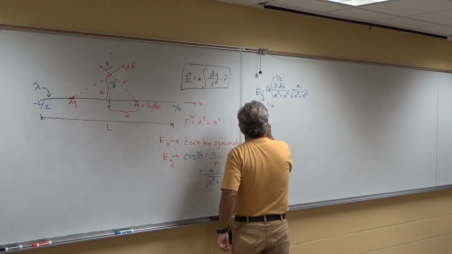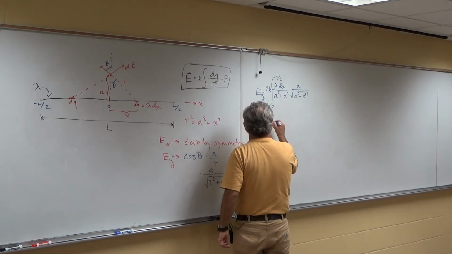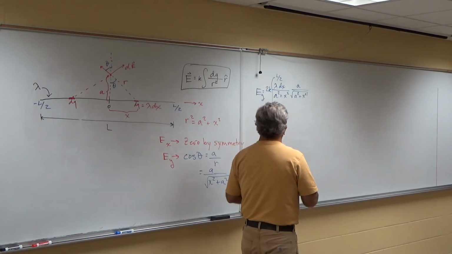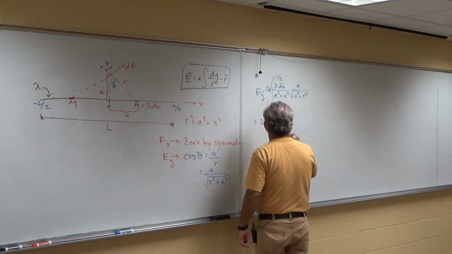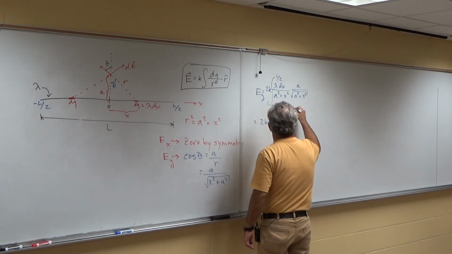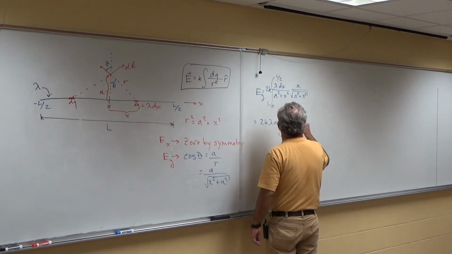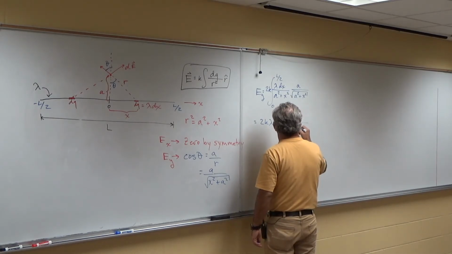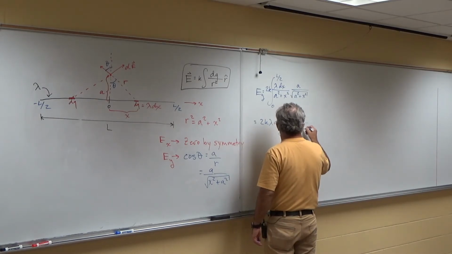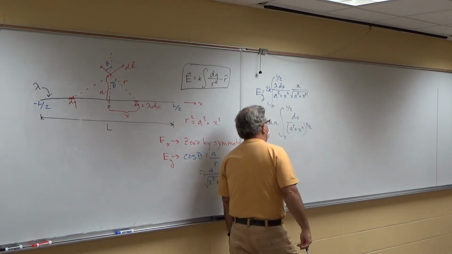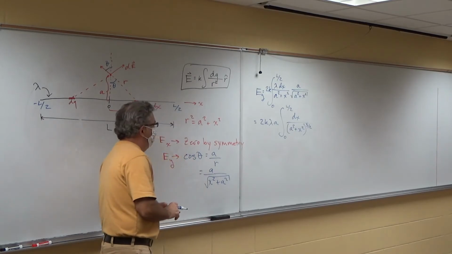So I'll pull those out of the integral, 2k lambda a, and what's left? The integral from 0 to L over 2 of dx over (a squared plus x squared) to the 3/2 power. Okay.